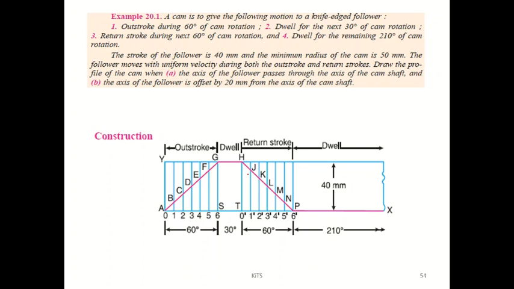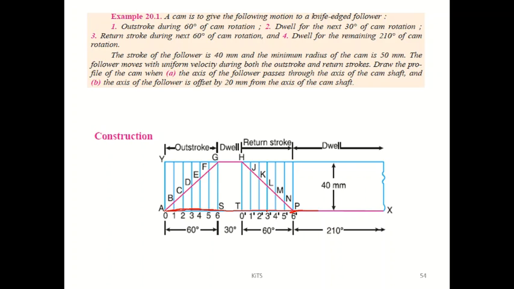First let us draw the displacement diagram. Draw a horizontal line of 18 centimeter like this.